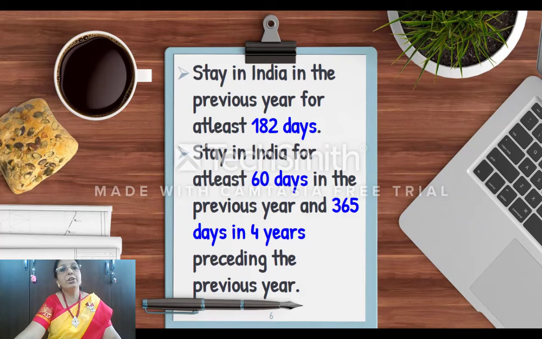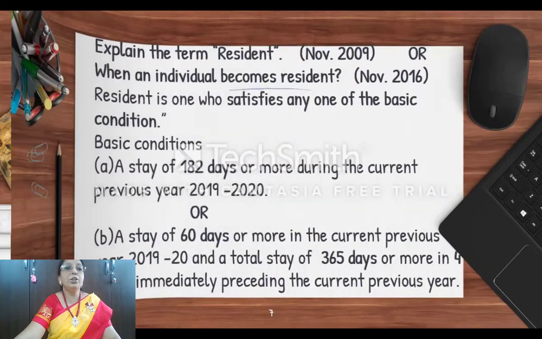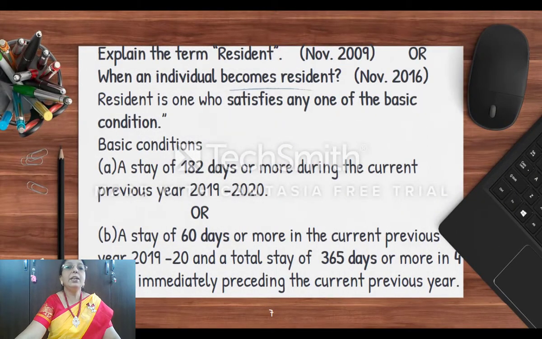So the first basic condition: stay in India for at least 182 days in the previous year. The second basic condition: stay in India for at least 60 days in the previous year and 365 days in 4 years prior to the previous year. So for an individual to be a resident, he should satisfy any one of the basic conditions. Even if he satisfies the first basic condition, he becomes a resident.